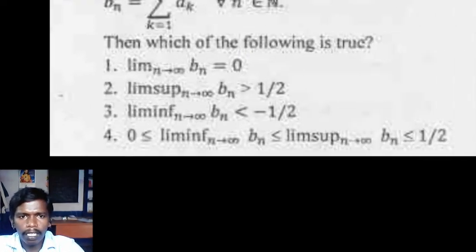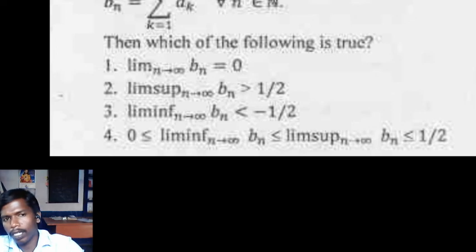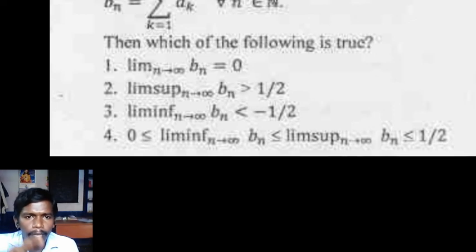In this problem, they have given the first option, limit of b_n equal to 0. Since the sequence b_n has two subsequences, and those two subsequences converge to two different points, the sequence b_n does not converge, because we know that if the sequence converges, then every subsequence converges to the same limit, the limit of the sequence.